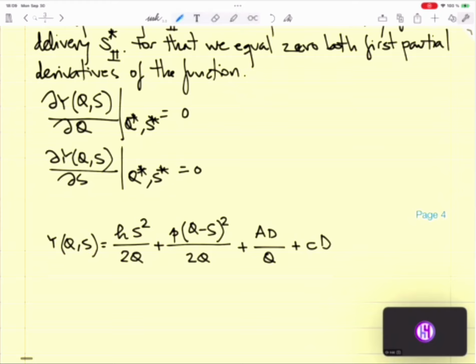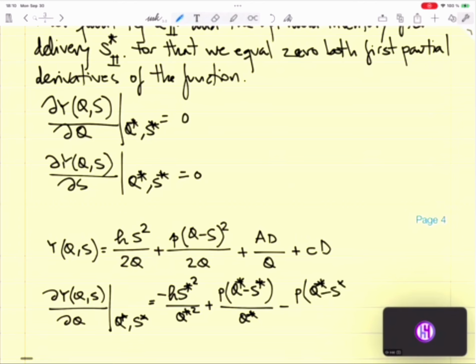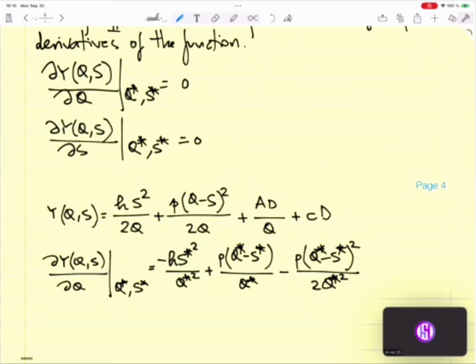So let's do the variables. The first derivative of Y(Q,S) with respect to Q, at Q star and S star, equals minus h s star squared divided by q star squared, plus p (q star minus s star) divided by q star, minus p (q star minus s star) squared divided by 2q star squared, minus ad divided by q star squared, equals 0.